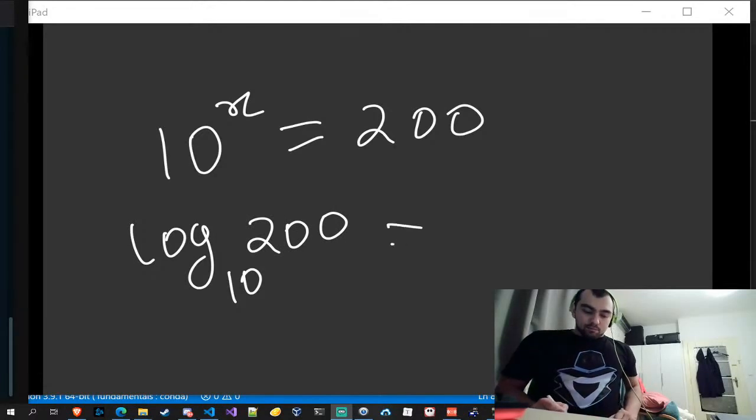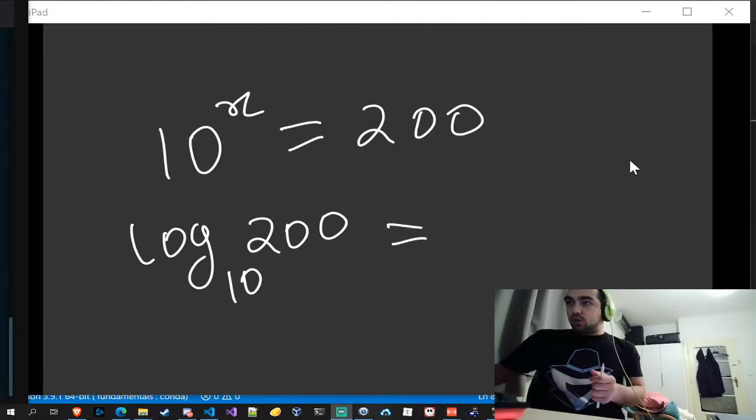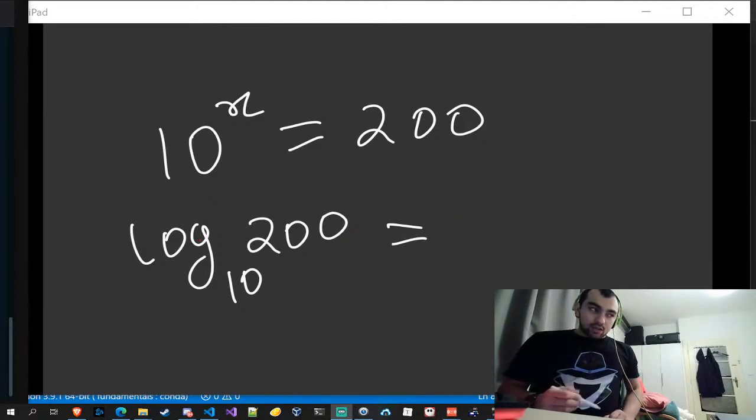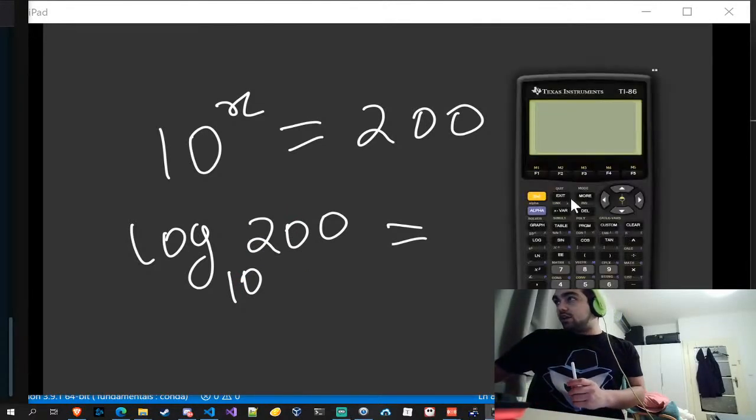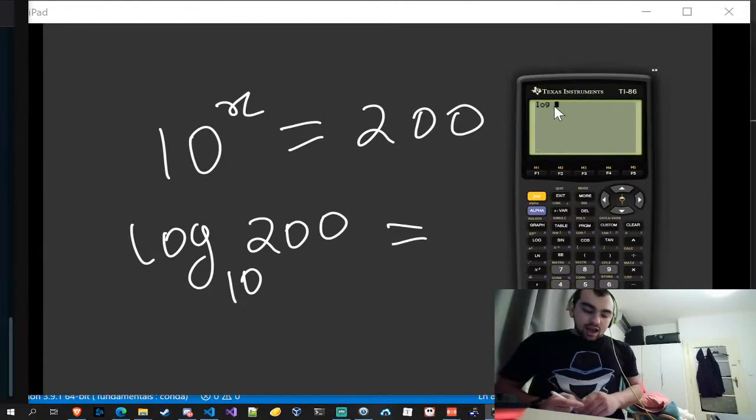So if you do this, it's going to try to figure out what number raised to this base equals this number. So 10 raised to what equals 200? Well, let's pull out our calculator. So we have our log. By the way, when you don't have anything on the base, it's the same thing as saying base 10.